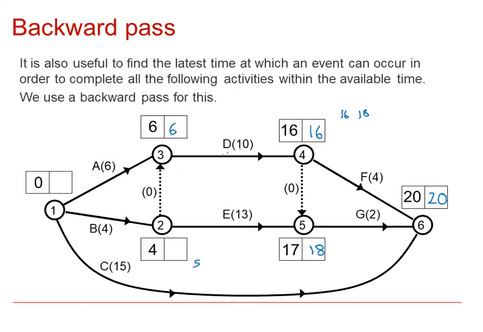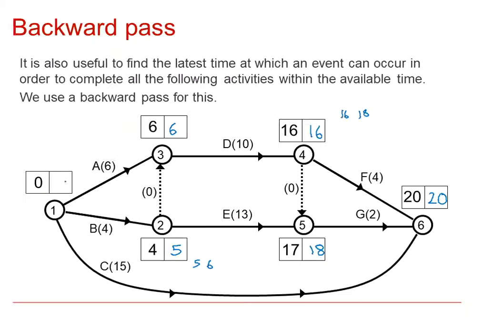The latest I can start D is 6 because of the dummy. So the latest time I can put in here in order to start D and E successfully is the smaller value, 5. If I put 6 in here, I will not have enough time to complete E within the 18 units of time.